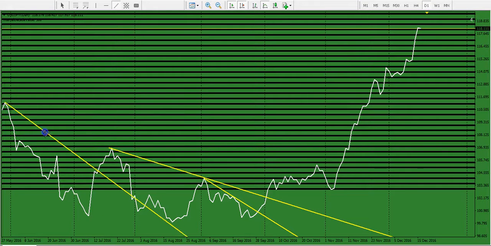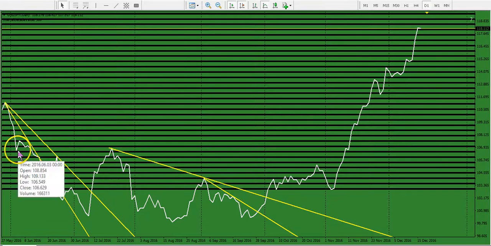Like this move down here, trend line break there, and for the scalpers, I think they're going to be getting in on something like a trend line break here.